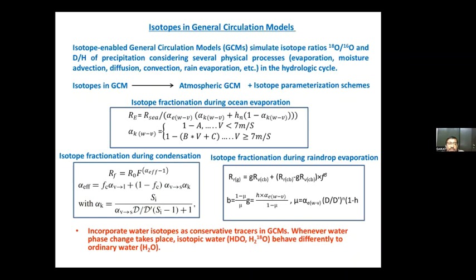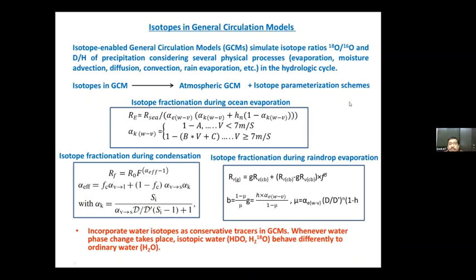In a simplistic way, it is an atmospheric general circulation model, which we often use for prediction of rainfall, temperature, etc. Over these atmospheric GCMs there are several isotopic parameterization schemes involved, which take care of all the fractionation that I showed happens in the hydrologic cycle.